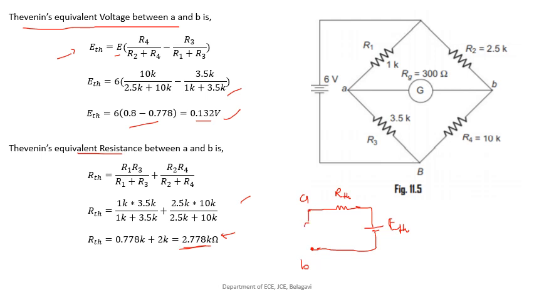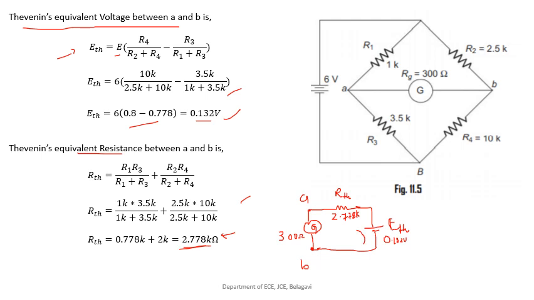Now we will connect back the galvanometer, and the galvanometer resistance is 300 ohms. RTH is this 2.778 kilo ohms, and this is 0.132 volts.